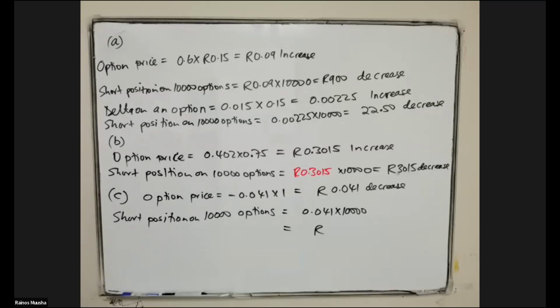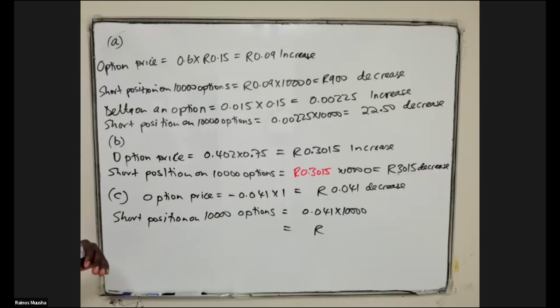And we say the closer you are to maturity, the lesser the value of the option. So that's why when we move forward one day, the option price is expected to go down. Why? Because the closer you are to maturity, the lesser the value of the option. All right, thank you.